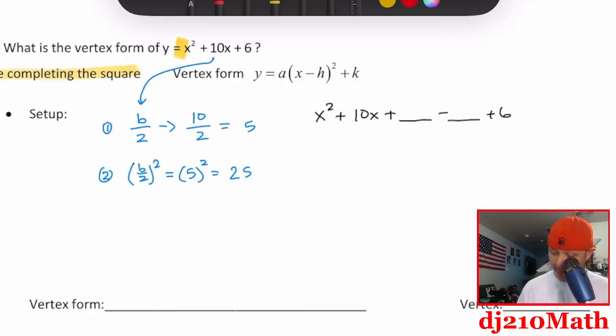And what do we add there? That's the question. Okay, so watch this. When we squared it, 25, that's the number we add to the blanks.